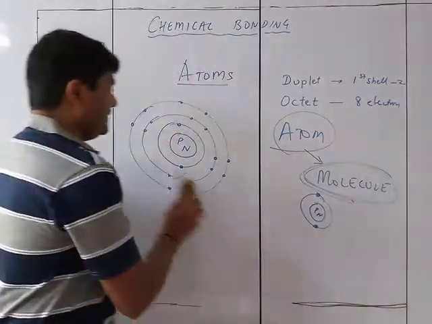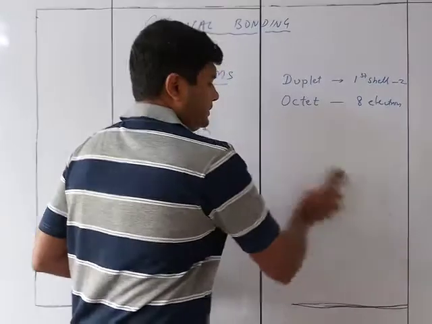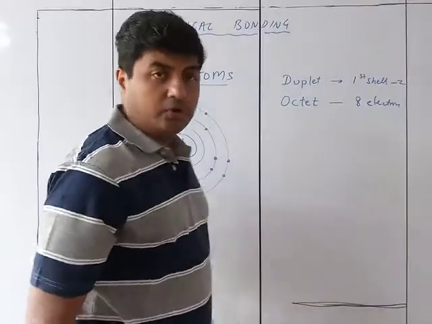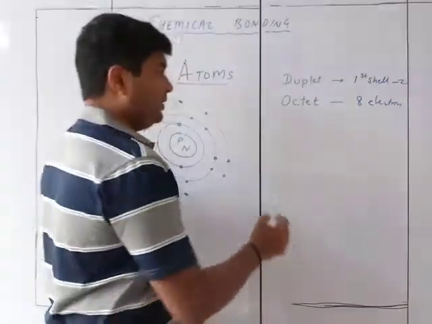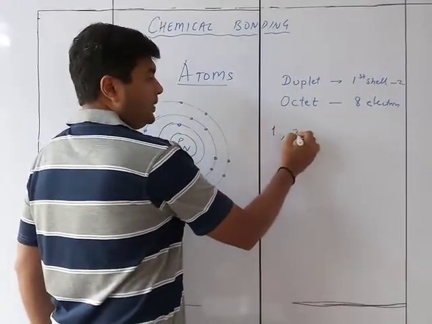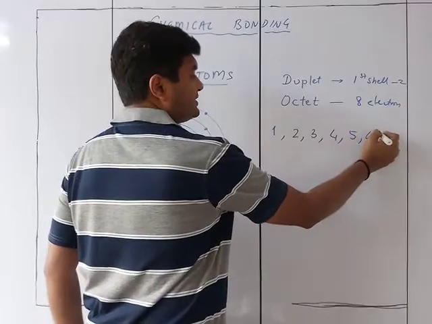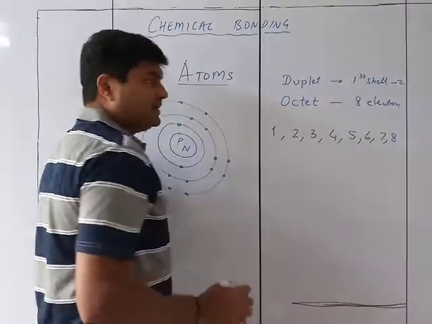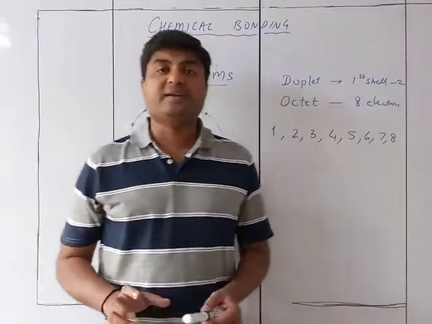So due to the electronic configuration, the last orbit may have 1 electron, 2 electrons, 3, 4, 5, 6, 7 or 8. These are the possibilities of the number of electrons present in the last orbit.